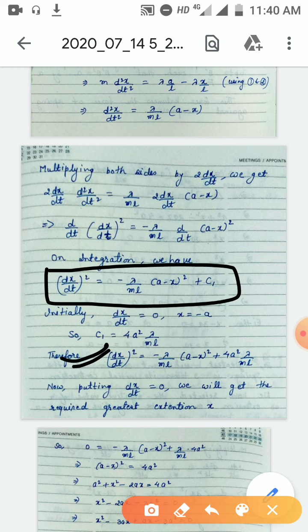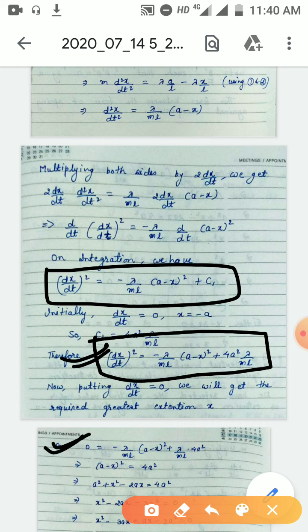Now putting dx by dt whole square equal to 0, we will get the required greatest extension x. So in this equation we substitute dx by dt is equal to 0. So we have 0 is equal to minus lambda by ml a minus x whole square plus lambda by ml into 4a square.